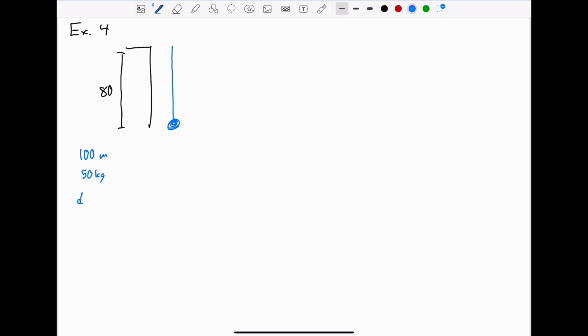We can write down the density again. This will come in useful. The density is 50 divided by 100, which is 1/2 kilograms per meter. That's the density. Now we have two portions of work that are being done. Let's say work 1 is the amount of work performed on the suspended portion of chain.